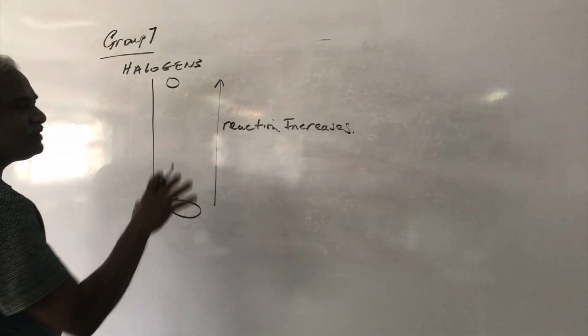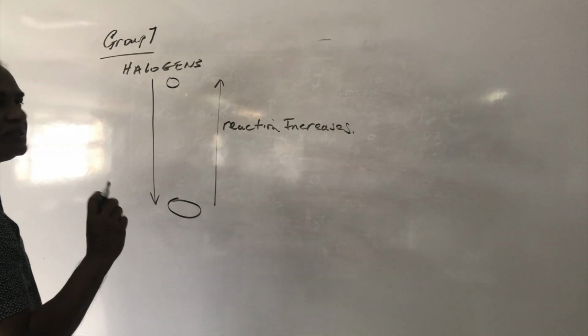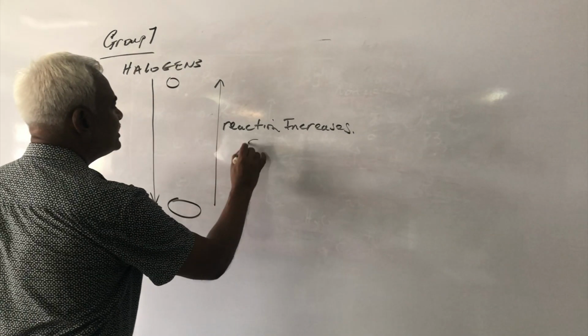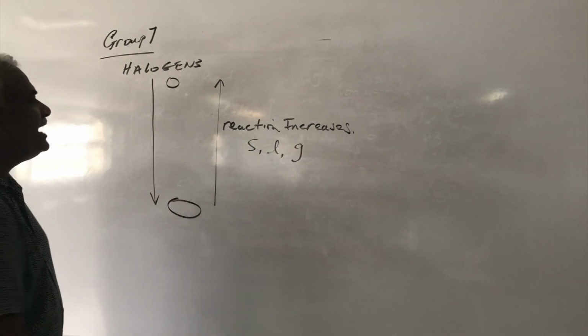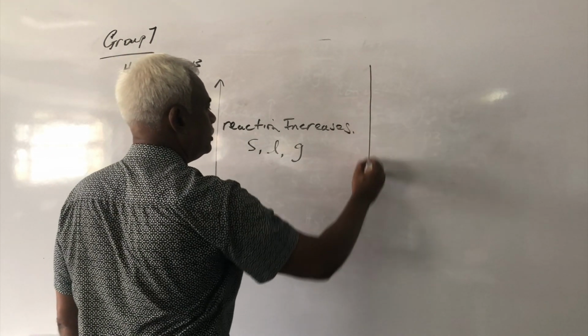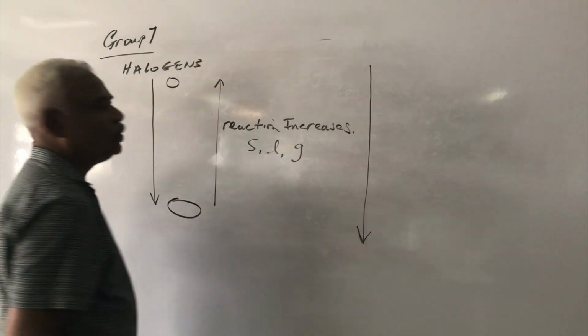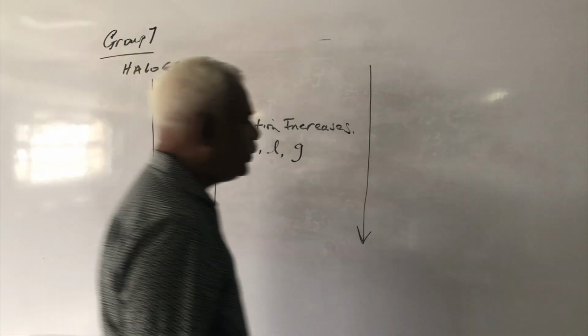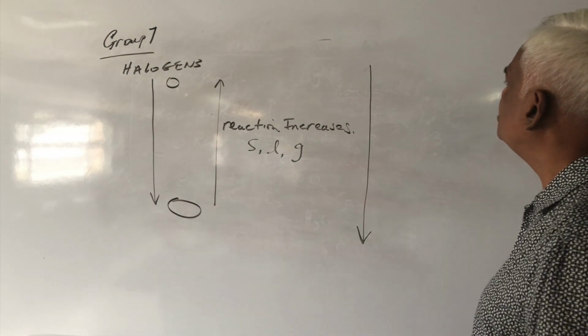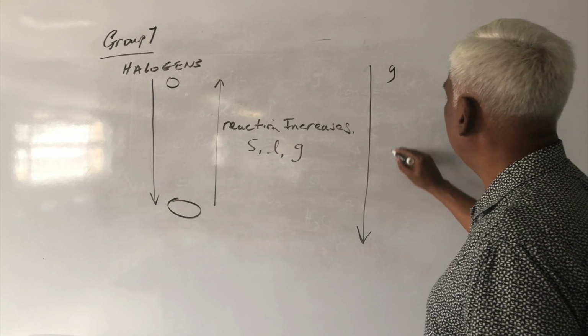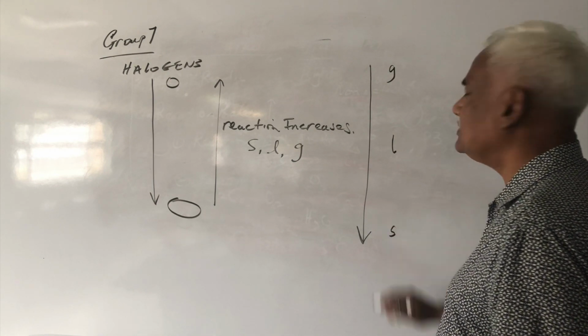Now, group 7 is a very interesting group because in that group we have solids, liquids, and gases. As we go down group 7, we go through the 3 states of matter. All right? So we have gases, liquids, and solids.